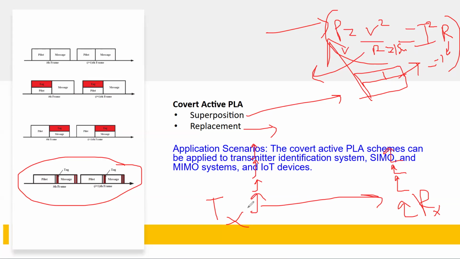So you could send the same signal from all the antennas or different signals, X1, X2, X3, X4.